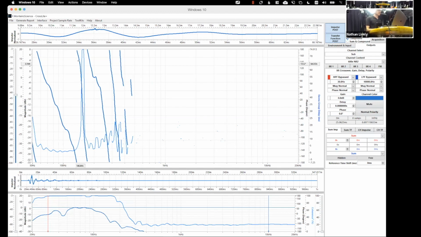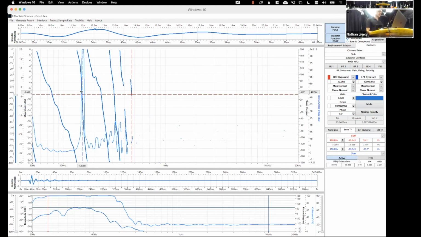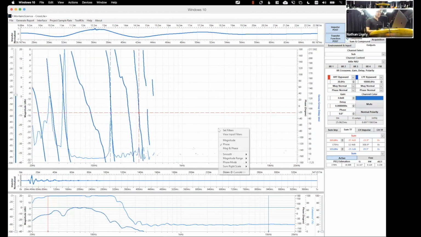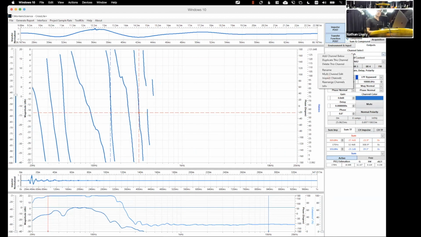So we can be pretty sure that this line going through here is some noise. Let's put a marker there just for fun. And all these peaks here, I think, also indicate that this is kind of unreliable, right? So we'll reset this. We'll take this away. Hidden. We will import our data from SubAligner. Add channel below.